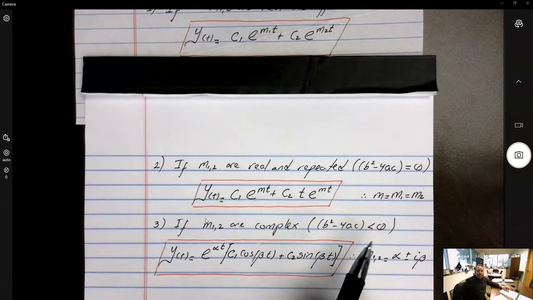So remember that complex solutions in a quadratic equation come in conjugate pairs.